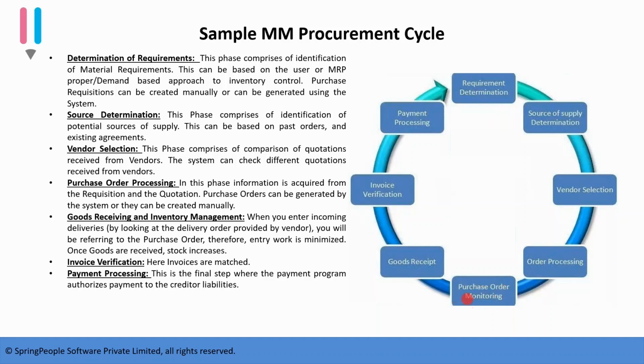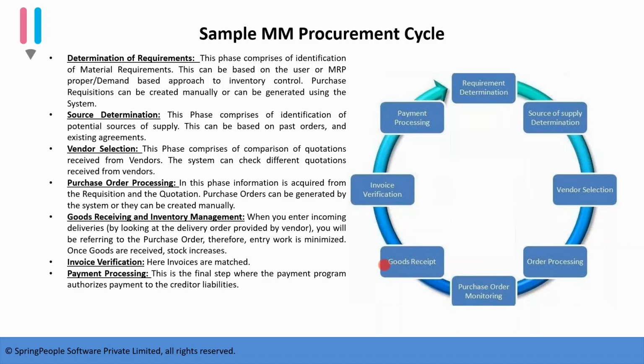Next, once the vendor supplies the material, you will do a goods receipt. Goods receipt is a process where you receive the materials into your premises. So this goods receipt is done based on the purchase order which you have created.